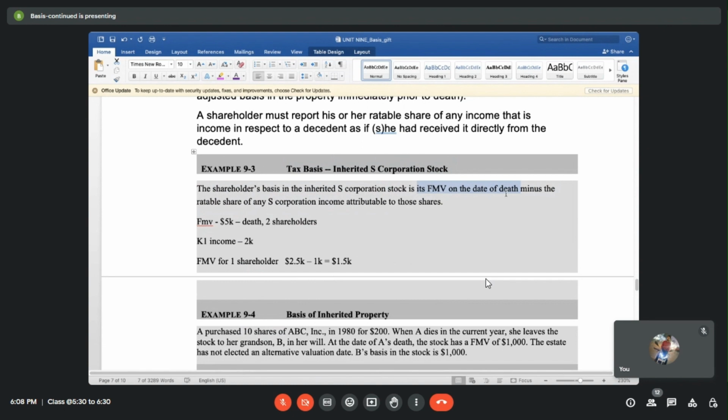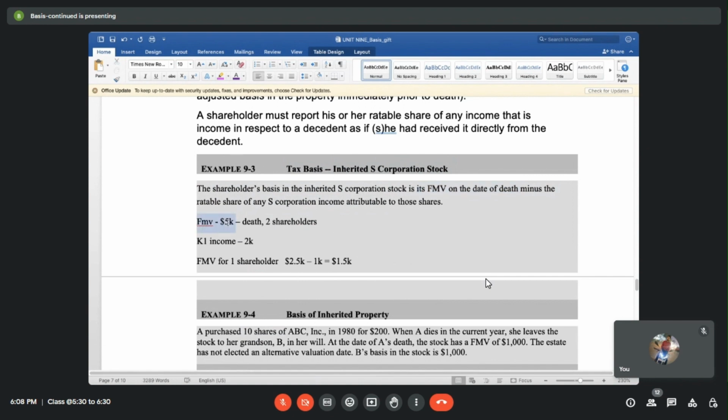So fair market value will anyway account for whatever profit has been accumulated. It's just that when the K1s are issued, the share of the profit goes on the K1. But fair market value already includes that, so we have to subtract that part.